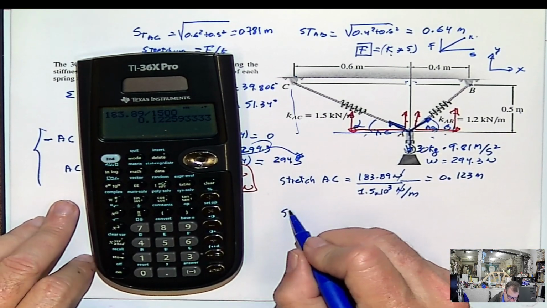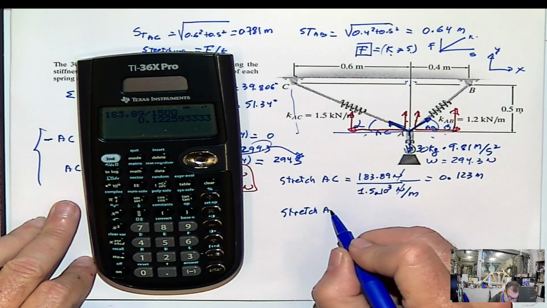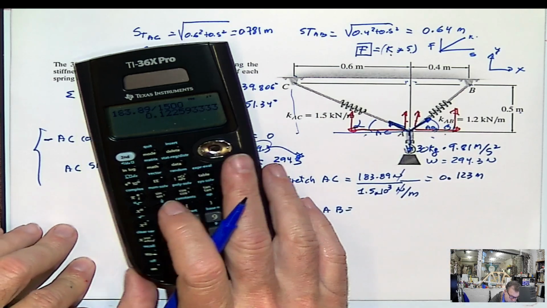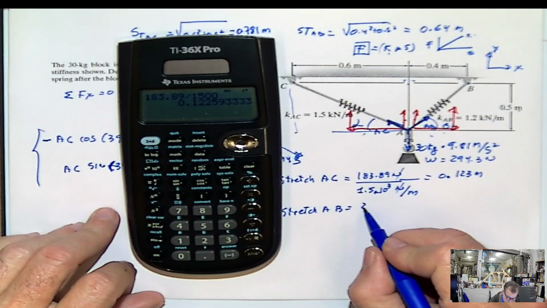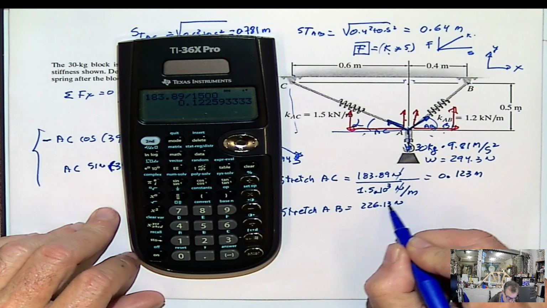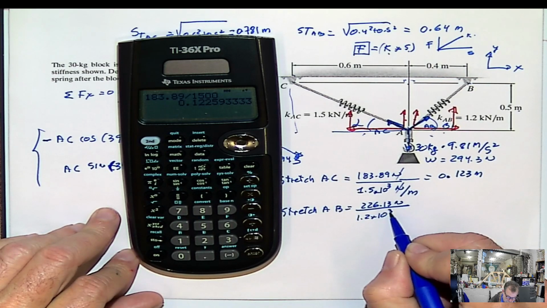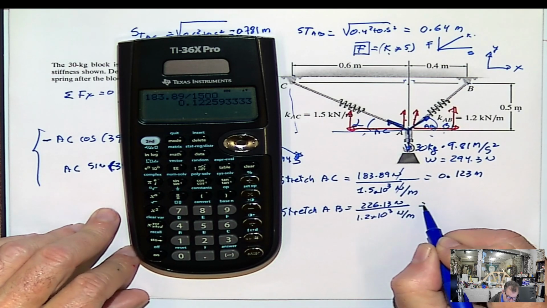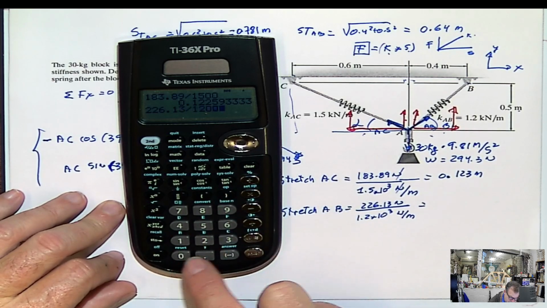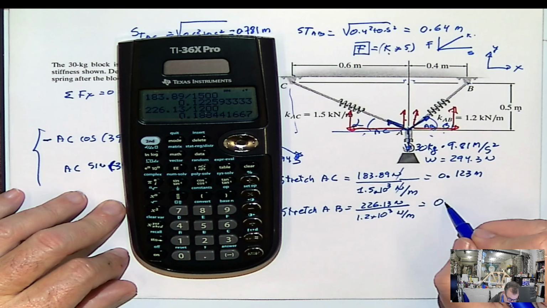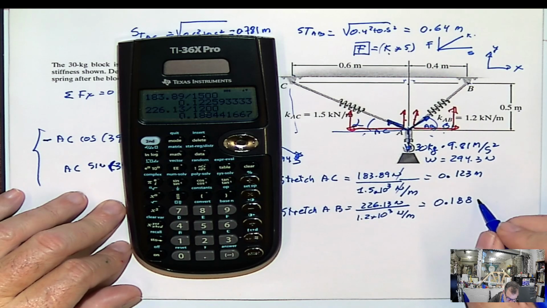And the stretching of the spring AB will be the force of the spring AB, 226.13 newtons divided by the constant 1.2 times 10 to the third newton per meter. 226.13 divided by 1200, 0.188 meters.